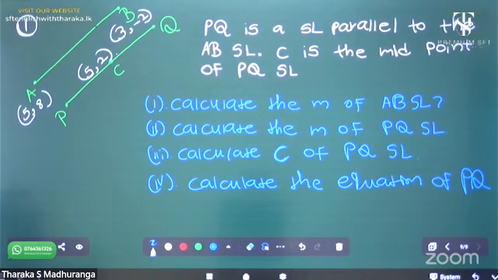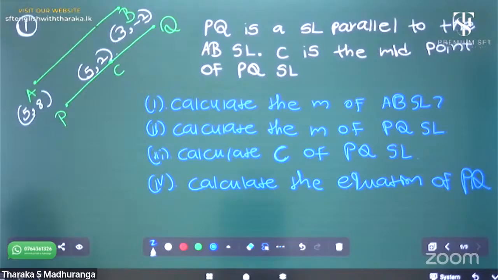First, calculate the gradient of AB straight line, then calculate the gradient of PQ straight line, calculate the intercept of the PQ straight line. Finally, you can get the equation of the PQ straight line. But the problem, the PQ straight line only gives the midpoint. No P or Q points are given.